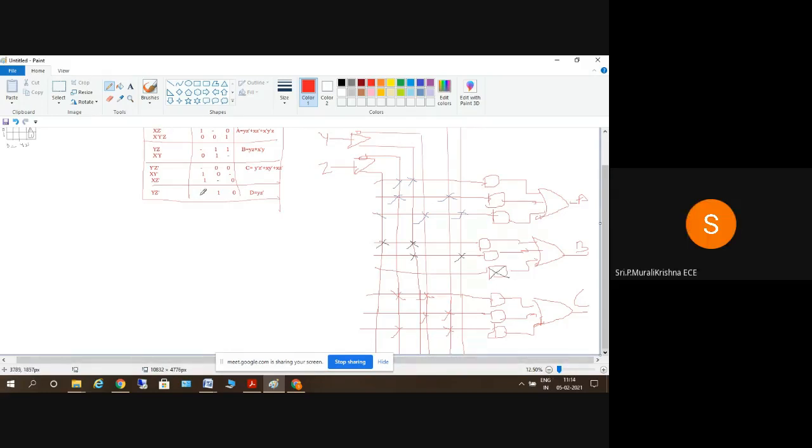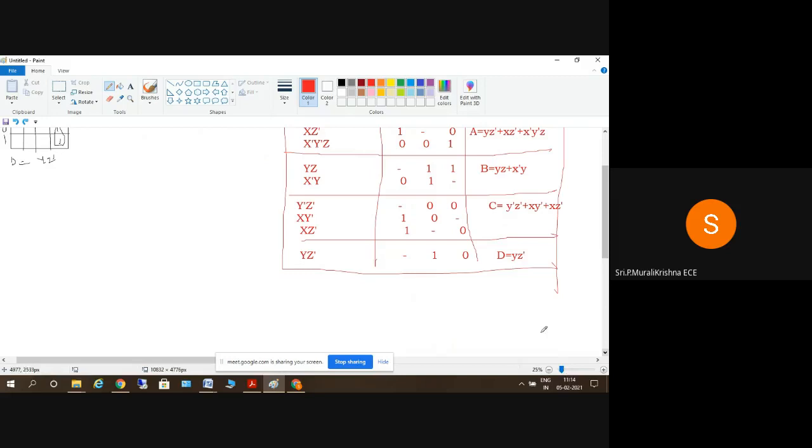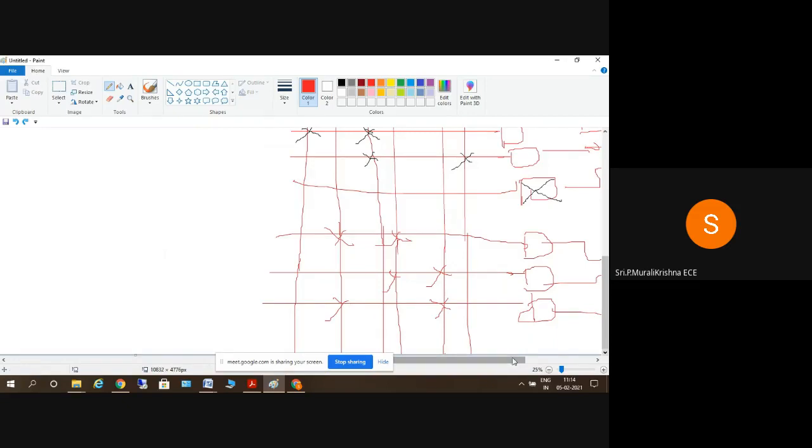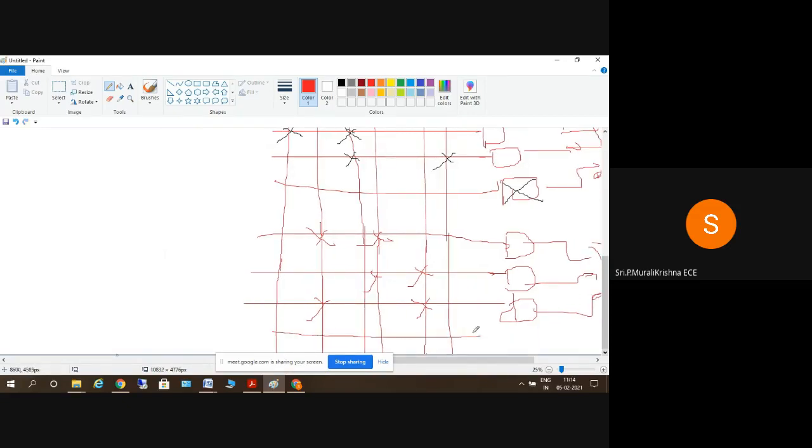Yes, sir. Okay. Fourth one, so with the 3 AND gates only. For the fourth one, what we do is draw 3 AND gates, but we don't use 2 AND gates in it. Okay, so 1 AND gate, second AND gate, third AND gate.